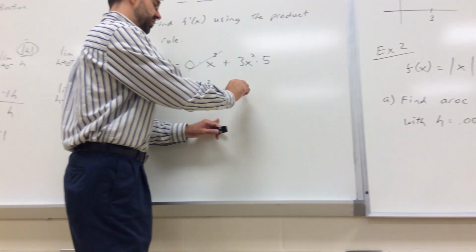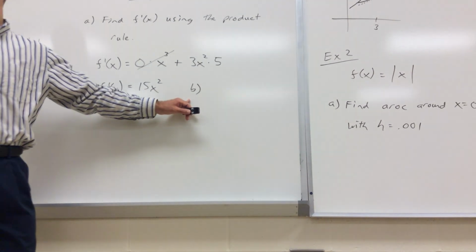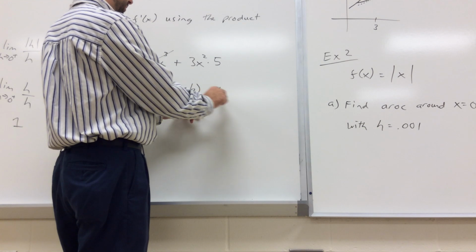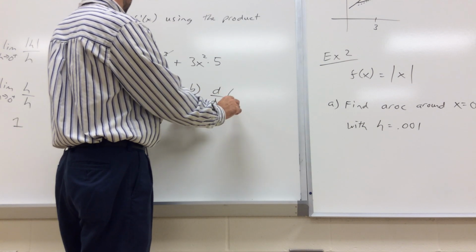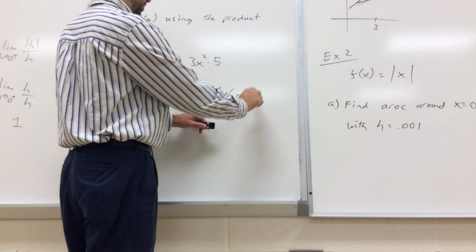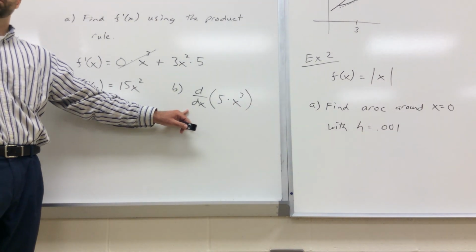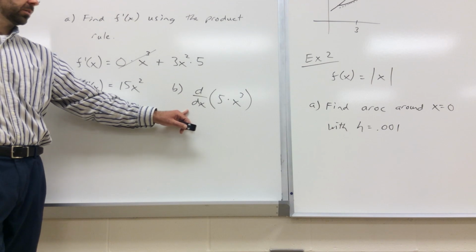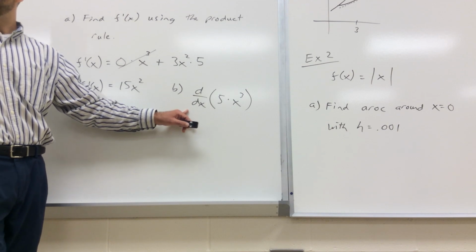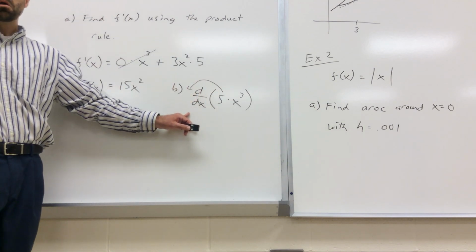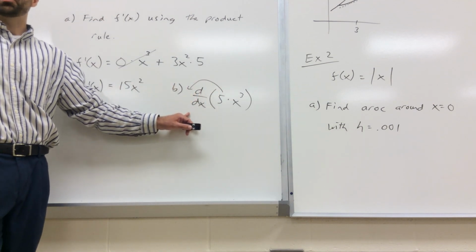But we learned something that was easier, but it was a while ago. How do you take the derivative of a constant times a function? Yeah, we learned a rule that said you could just bring the 5 out front, right? It was a while ago. It was the beginning of last week.